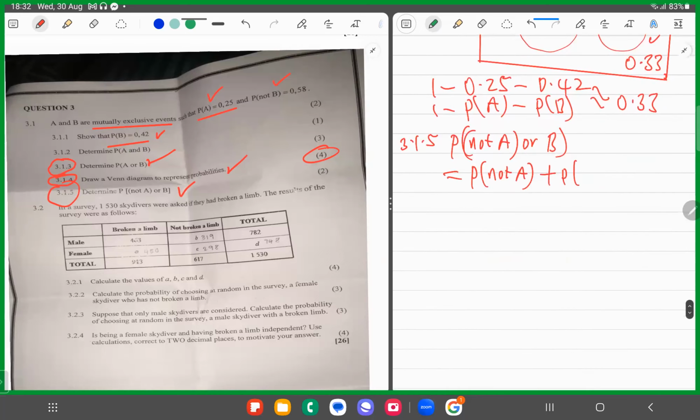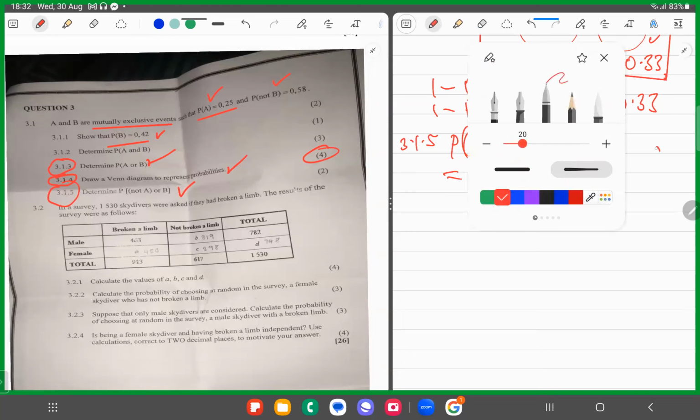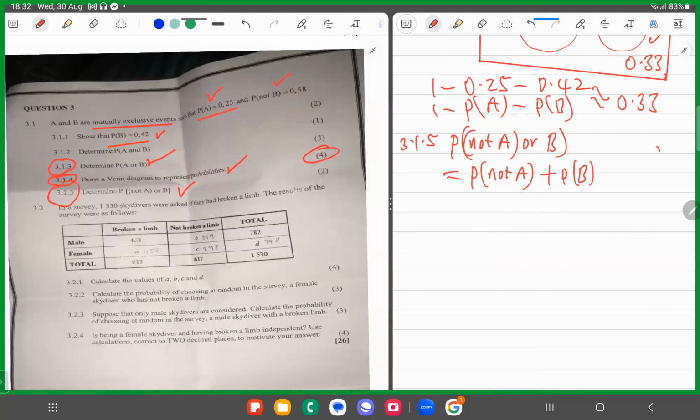So we use the same thing. The probability of not A or B is the probability of not A plus the probability of B. Let me write properly, and let me use the red color here. The probability of B. And then we subtract the probability of not A and B. So what is the probability of not A?